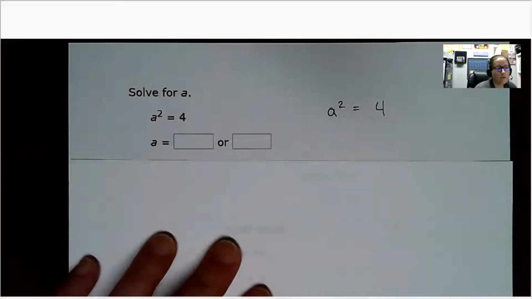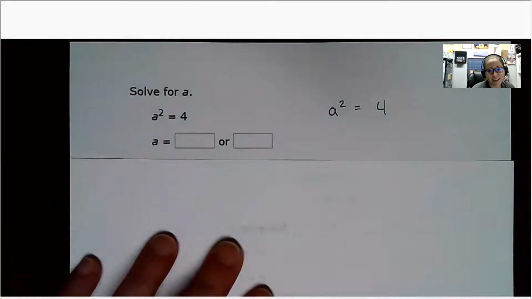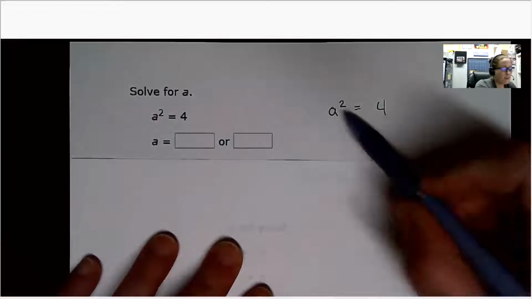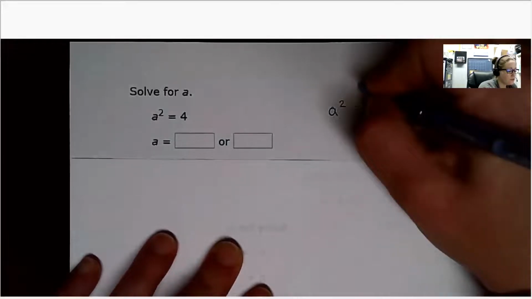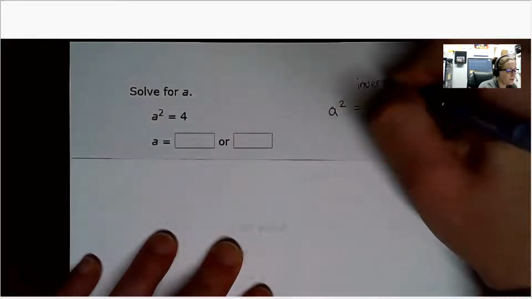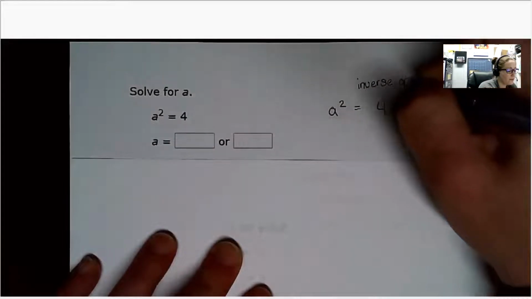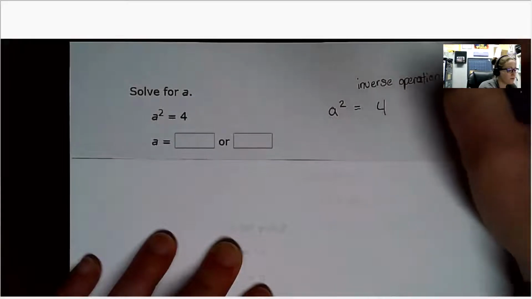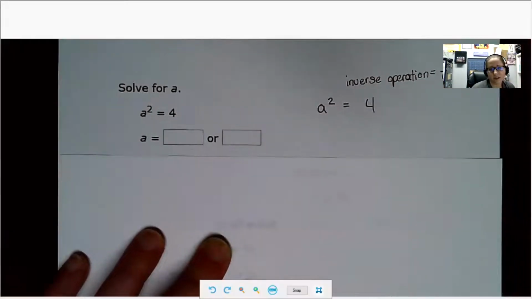Now remember when we talked a second ago about inverse operations. Anytime you're squaring a number, the inverse operation is going to be to find the square root.